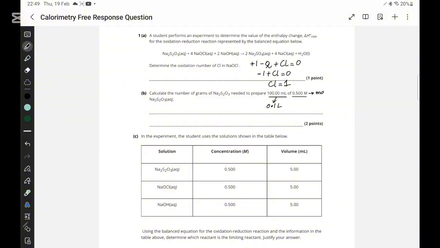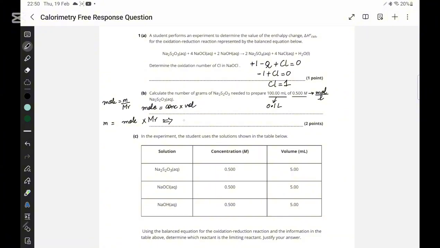Molar represents mole per liter, and the formula to find the mole is concentration times volume, and then we have to find the mass. So mole is equal to mass by Mr, and mass is equal to mole times Mr.